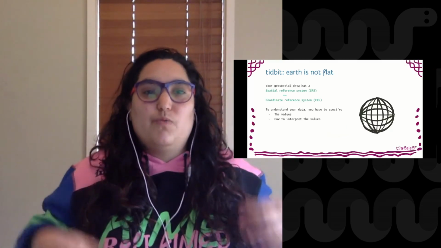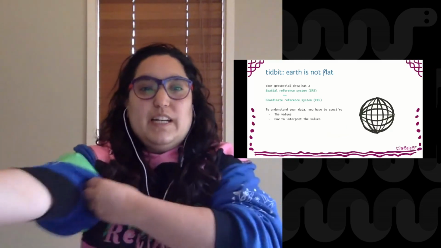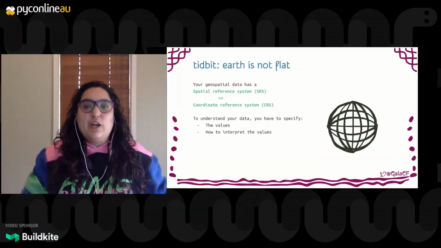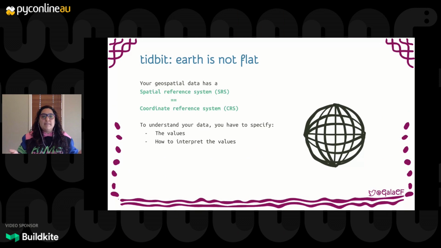Yeah, so one of the biggest issues with geospatial data is that the Earth is not flat. And so when you have some geospatial data, it comes with what we call a spatial reference system, which is the same thing as a coordinate reference system. And I guess the way I think about this is my data has some values, so I can see some numbers, and then I need to know how to interpret those values in the context of the Earth.